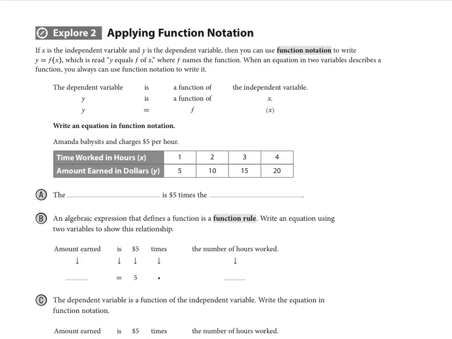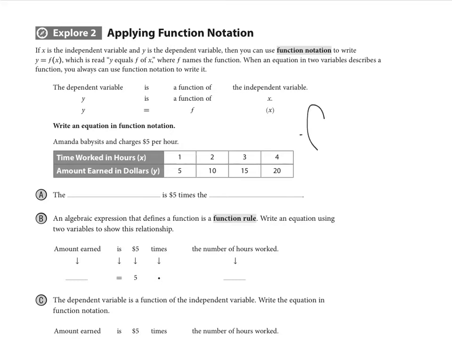Let's go to the next page here. Function notation. All function notation is, instead of doing y, we do what's called f of x. So as we're going through here, sometimes you'll see y equals, and then sometimes you'll see f of x equals. They're the same thing. The only reason to use function notation is, I'm going to write this down real quick here.